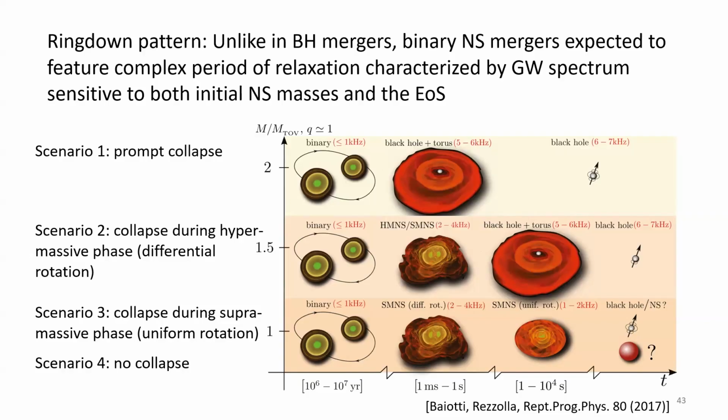It can either collapse into a black hole in a matter of roughly 1 second or less, or it can continue rotating and form a uniformly rotating supramassive neutron star that is much more long-lived.